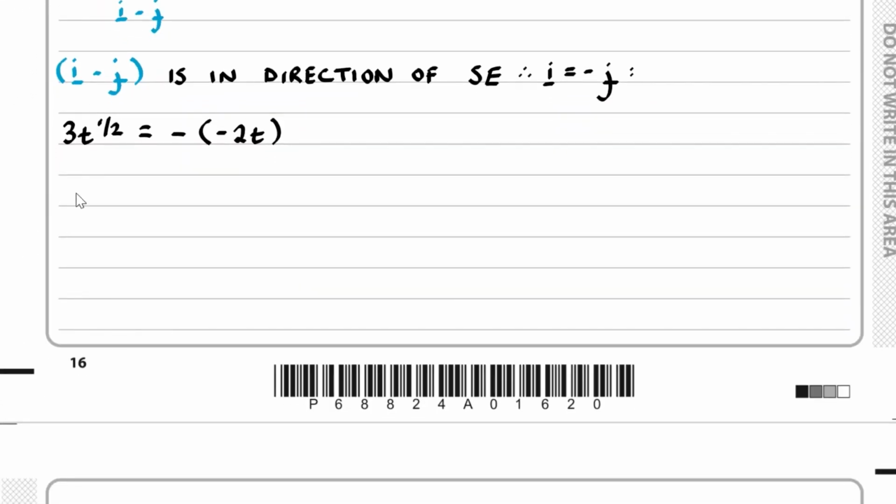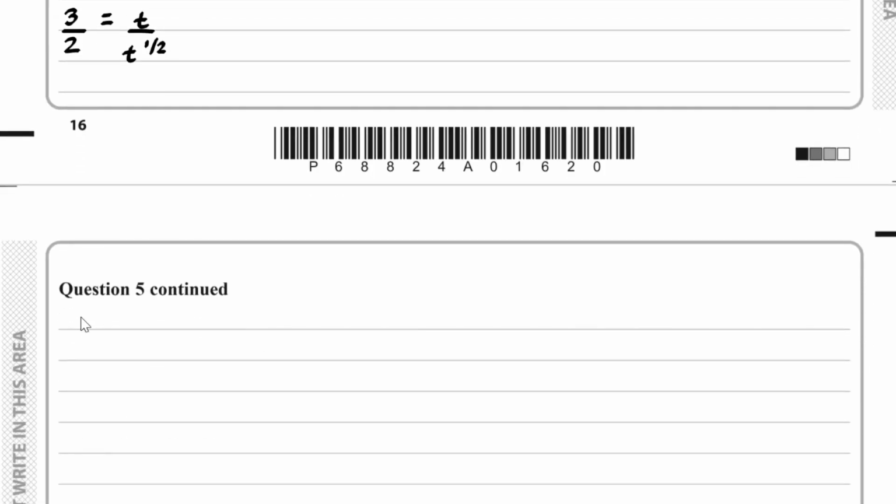So we've got 3t to the power of 1/2 equals 2t. If we rearrange, we've got 3/2 equals t over t to the power of 1/2. 3 over 2 is equal to t to the power of 1/2.